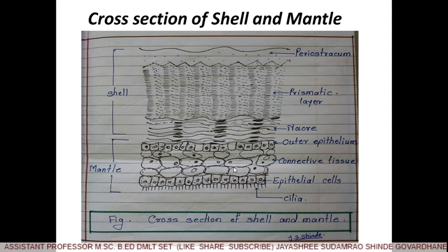It is known as mantle, which secretes the shell of the molluscans. This mantle secretes the shell. We have already studied the shell functions in the last video, how it protects the inner soft body mass and musculature.